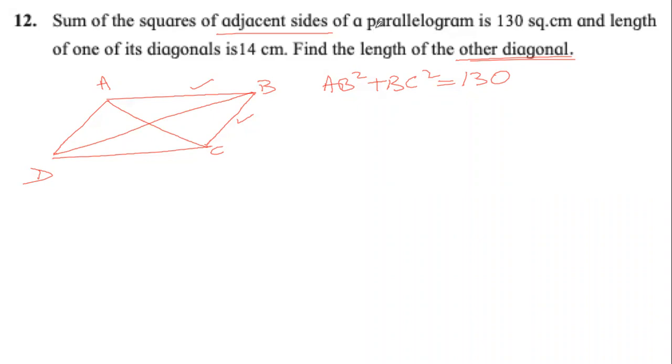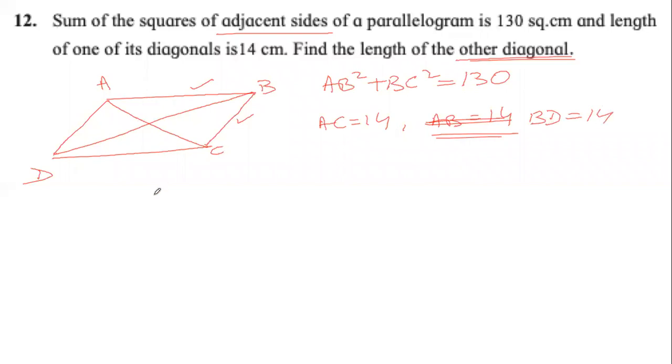Now it is possible that AC is equal to 14. It is also possible that BD is equal to 14. We need not worry, because if AC or BD, the other diagonal, BD, equals 14.